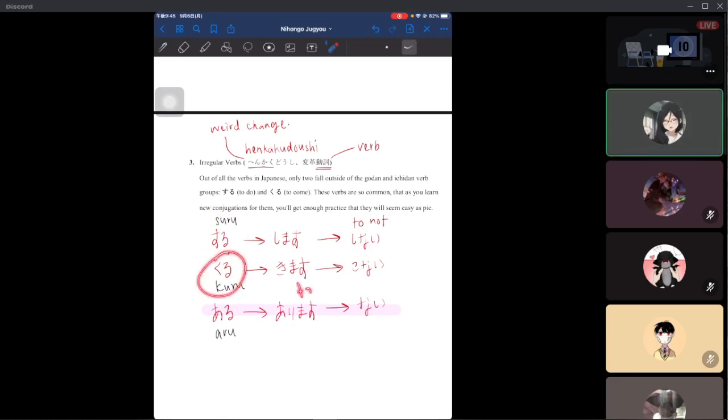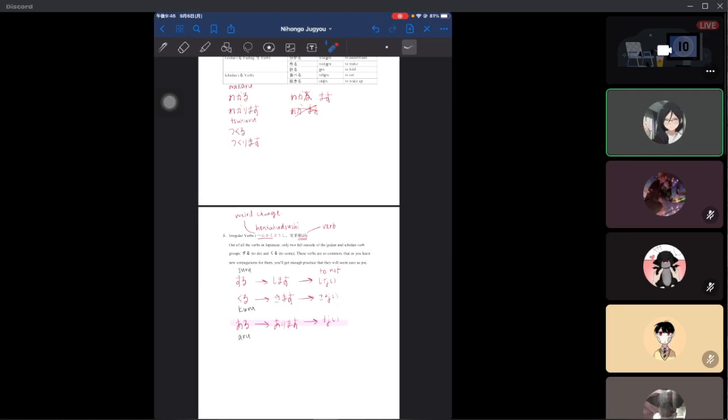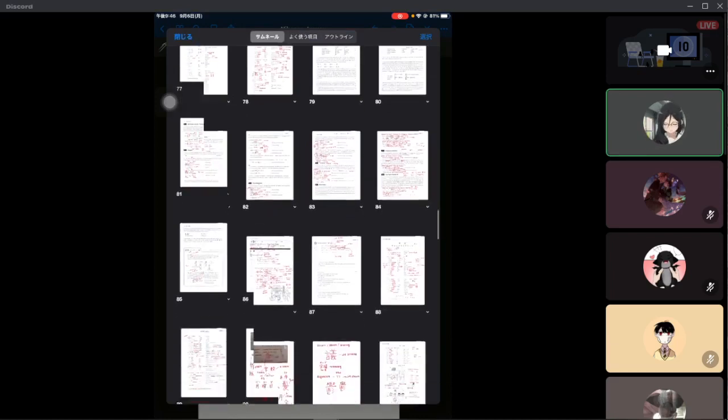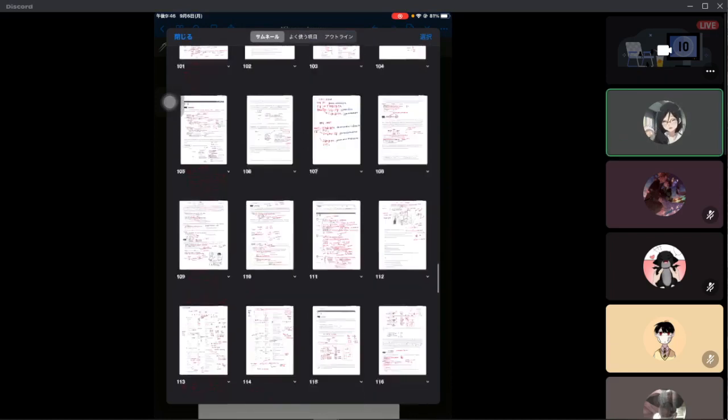Kuru means to come. And aru means there is, basically. This one is called irregular because they don't really have a format when conjugating the word, except that you just have to remember. They don't really have a formula. So I guess that is the basics of the godan, the 5 level verb, ichidan, the 1 level verb, as well as the irregular verb, henkaku doshi.